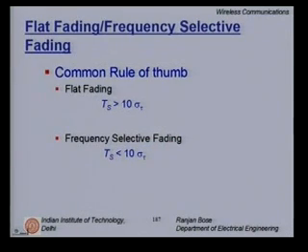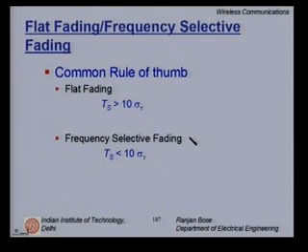A rule of thumb is an order of magnitude. So, if Ts is greater than or equal to 10 times sigma tau, the RMS delay spread, then we say that the channel is behaving as if it is flat fading. On the other hand, if Ts is less than 10 times sigma tau, you can say that the channel is frequency selective. Sigma tau has nothing to do with the signal.